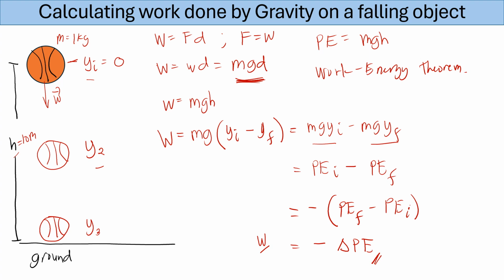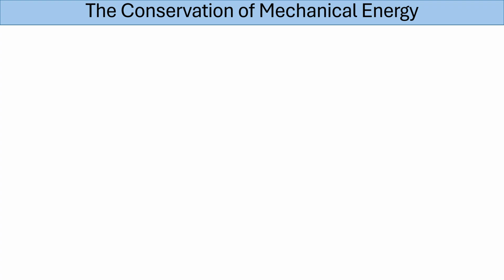Let's have an example. We will go with the example later. Take note that in our motion along x, we have derived that the work is equal to the change in kinetic energy. And in our motion on the y-axis, we have also derived that the work is equal to the negative change of potential energy.